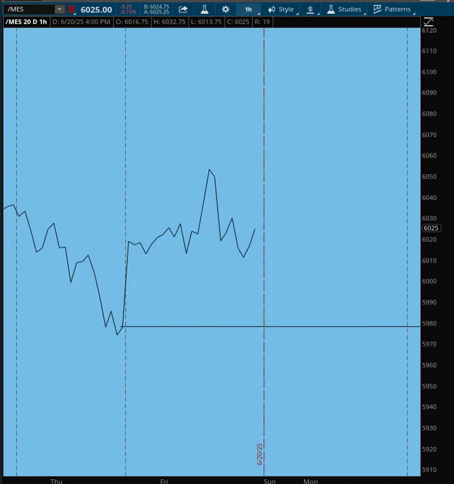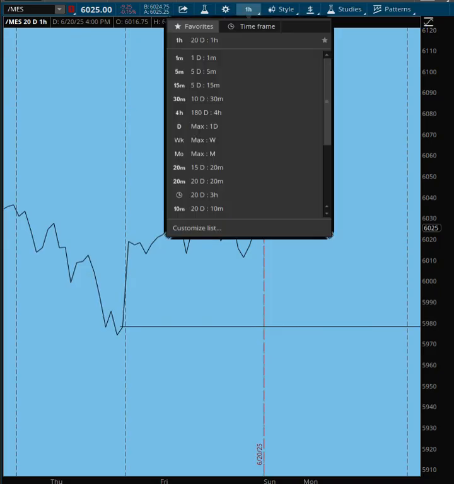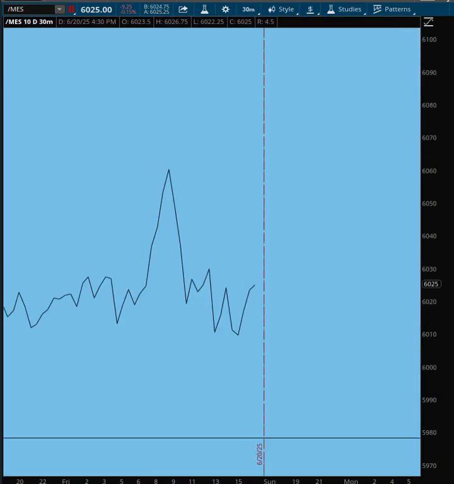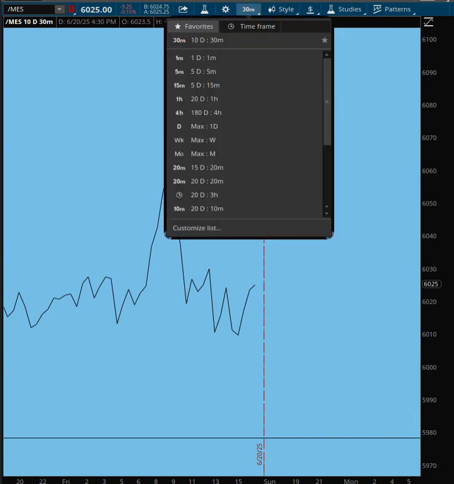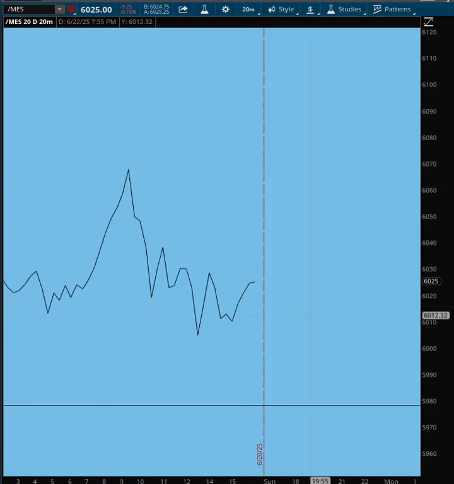So the only thing we have to do is stay with the 2-hour time frame. We can go to the 30-minute time frame. Chaos there, can't do anything there. Move down to the 20-minute time frame. That's a little chaotic there. I would kind of avoid that.